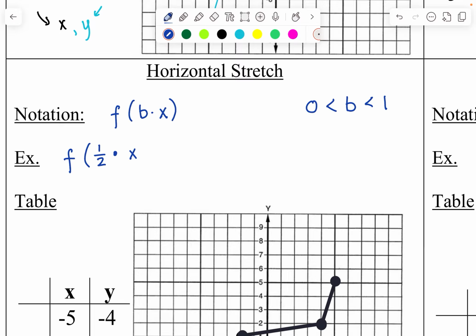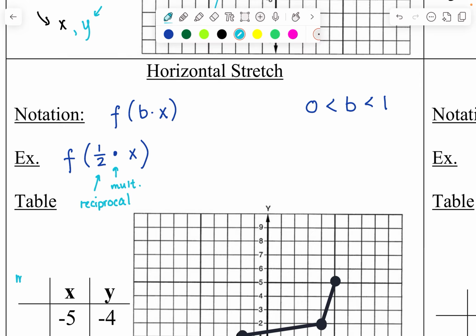Take, for example, f of 1/2 x, right? 1/2 times x. Yes, I'm multiplying, but I'm going to multiply by the reciprocal of 1/2, which happens to be 2.